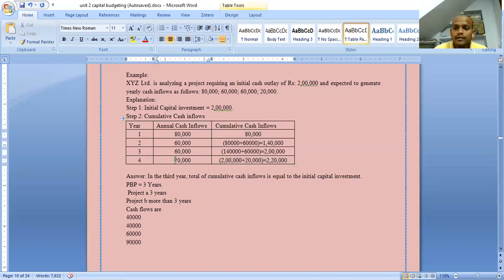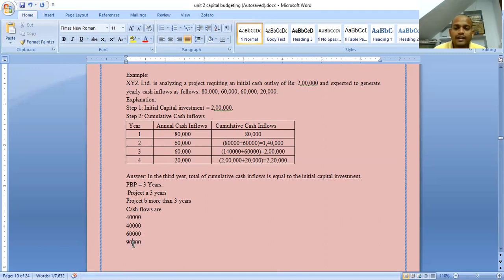But if we go with the payback period, it always suggests project A because it takes only 3 years to get our investment back. It does not consider this 20,000, and there is a limitation for this method.